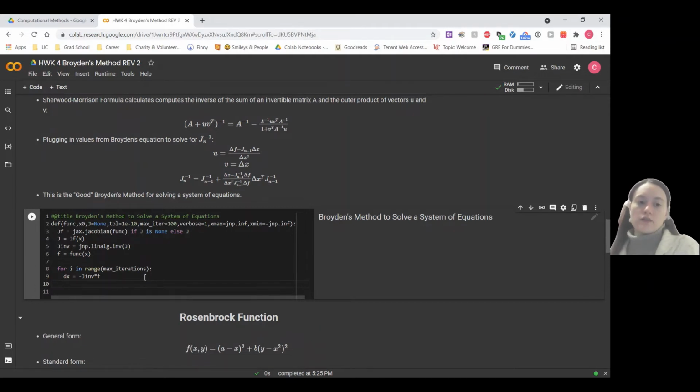But if we get close to our bounds, which in this case are infinity and negative infinity, we don't really have to worry about that.